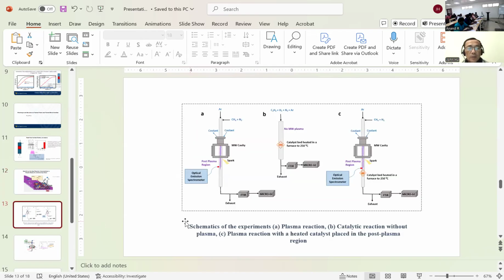So take a look at this diagram. Give me 30 seconds. I need to have water. My throat is very dry.